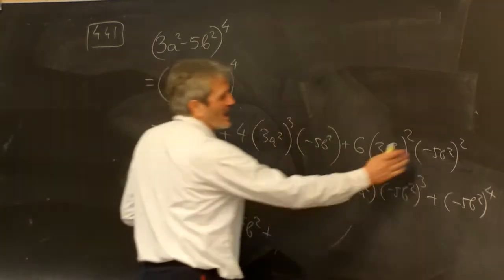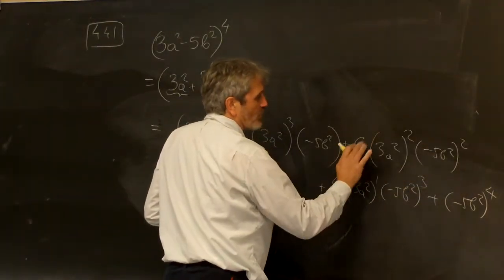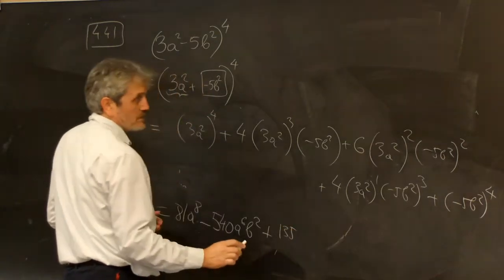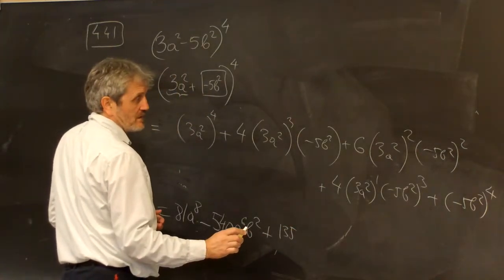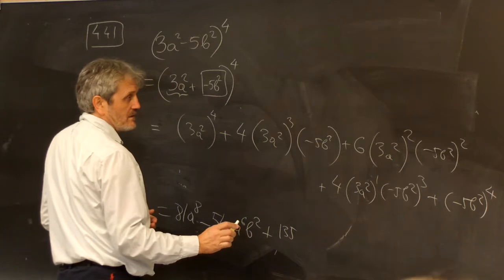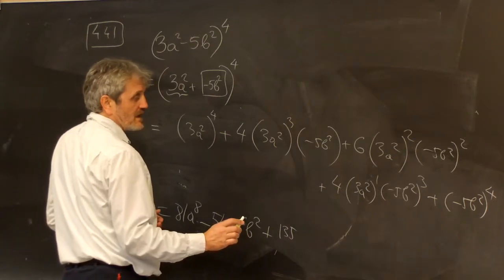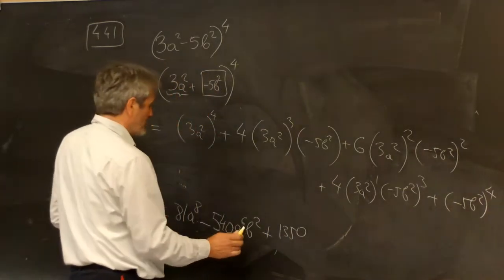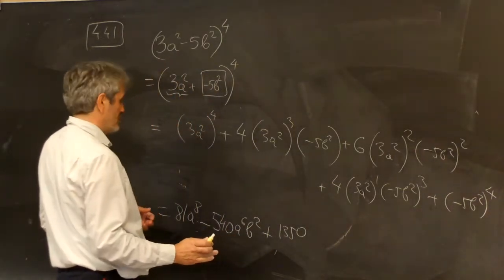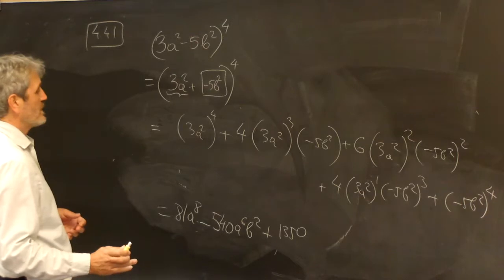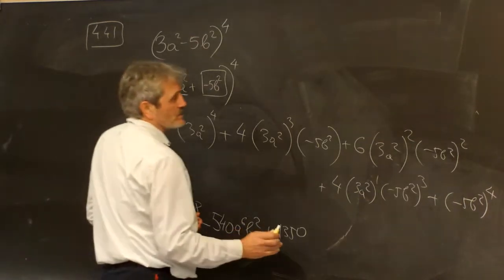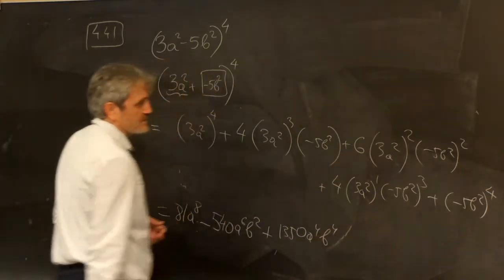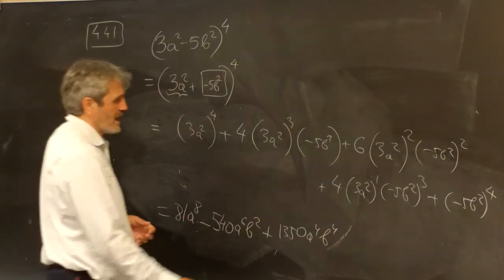What would that be? 5 squared is 25. 150 times 9, that's right, 1350. Plus or minus? You are looking at the right line? Yes, I guess. So it will be 1350 a to the 4th. And hopefully now they will get better.